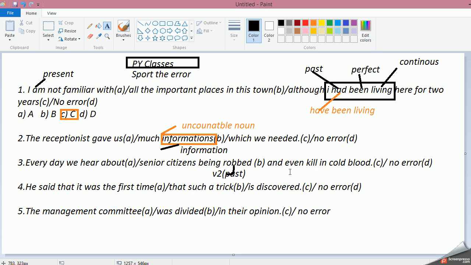Coming to the second part, and even kill. Let me mark it in red because this is the point of error.